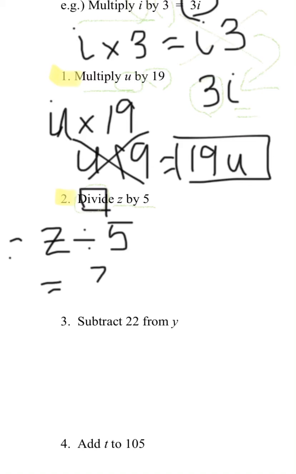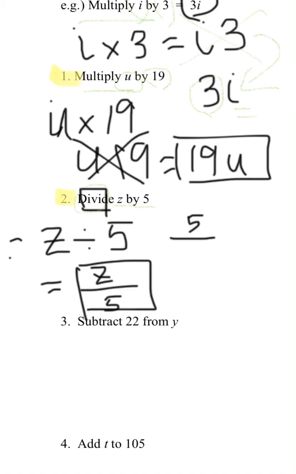So then it would be Z divided by 5. Okay, so that's our answer. If it was divide 5 by Z, then it would be 5 divided by Z. Okay, but since it's Z by 5, Z has to go in the top. Okay, so then it's not that.